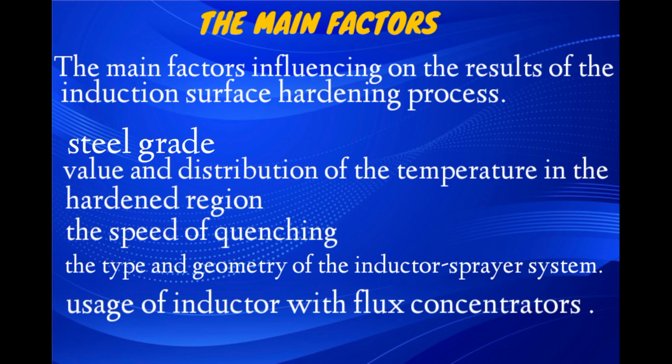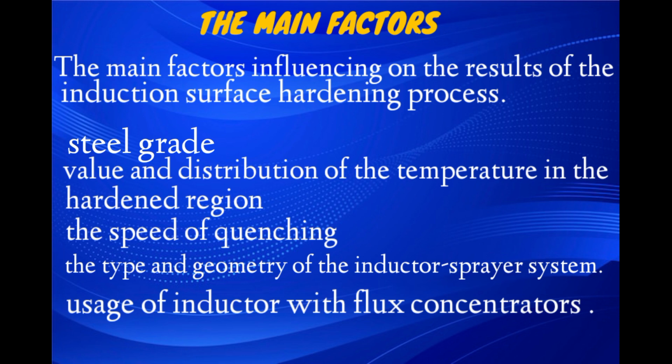Okay, so now we will see what are the main factors which affect the results of the induction surface hardening process. The first factor is the grade of steel. Steel grade plays a vital role to achieve quench hardness.